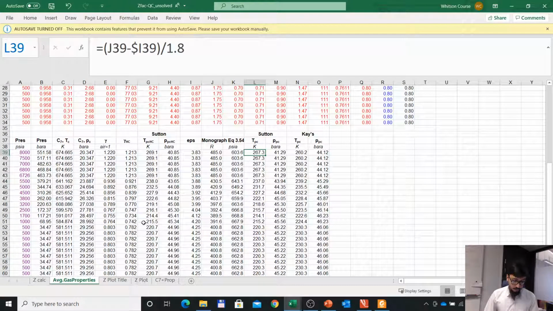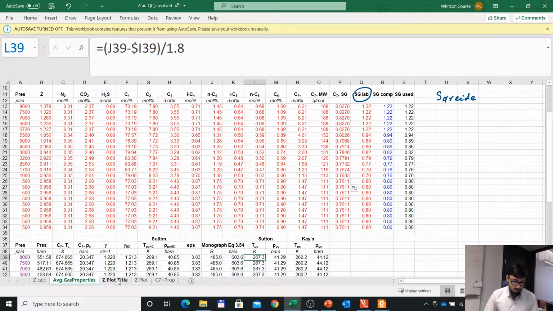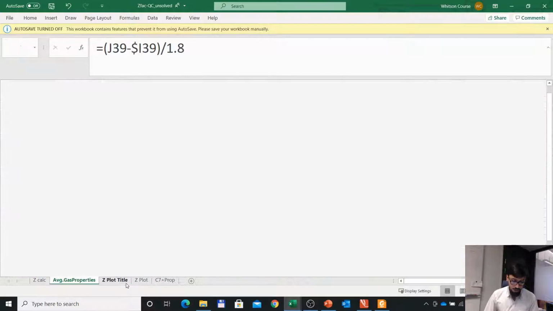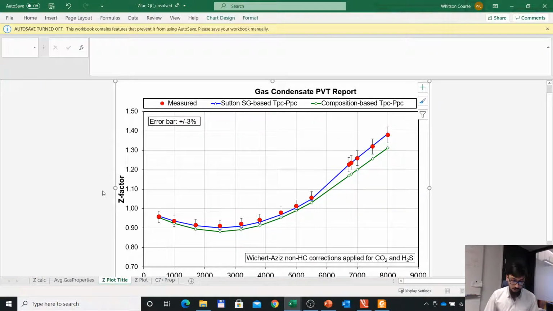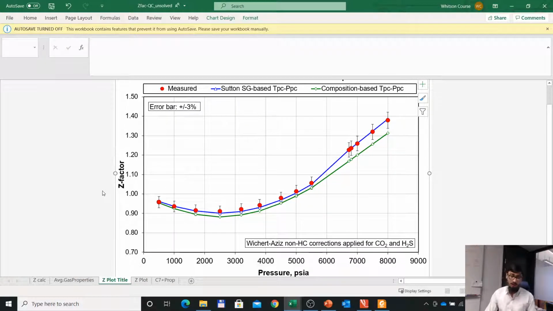So once you have entered the data, we can look at the plot and how the data looks corresponding to the different correlations here, the different methods of calculating the Z factors. So you see that we have the data in the red points. We have error bars of plus minus 3% here.